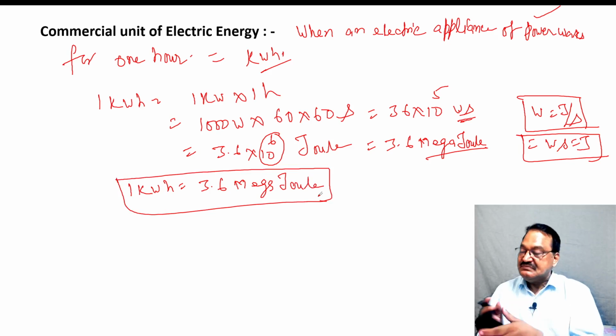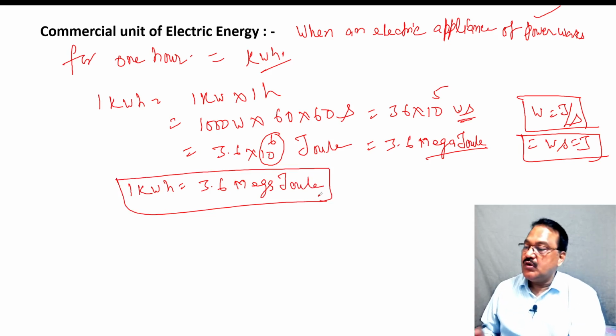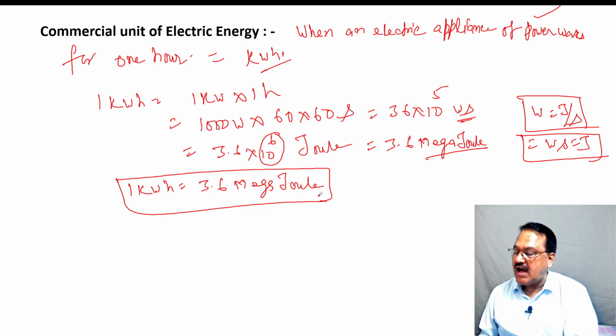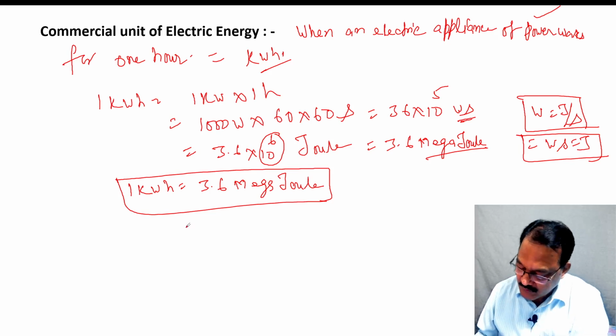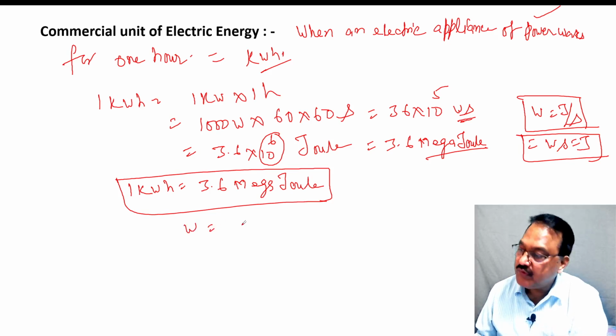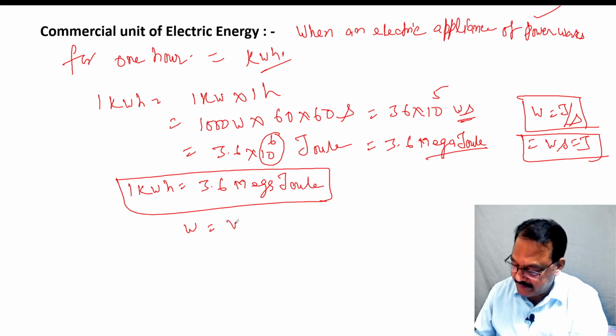Okay, so how to convert it into kilowatt hour again? We know W is equal to VIT, which we have already calculated.